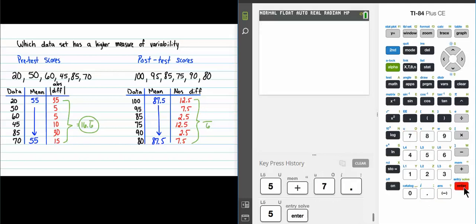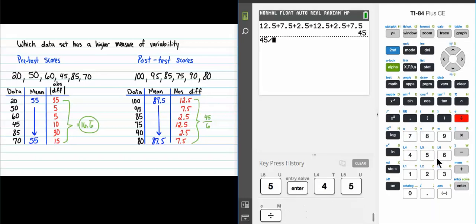Now here's my total. Remember, that's not my final answer. I still have to actually divide them by 6. So what's 45 divided by 6? And so my final answer would be 7.5. Well, actually, not my final, because now I can actually answer the question.